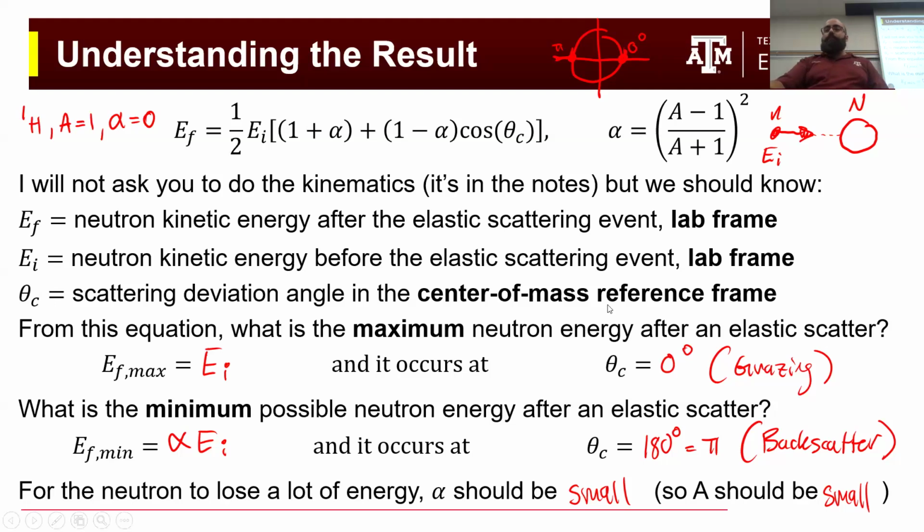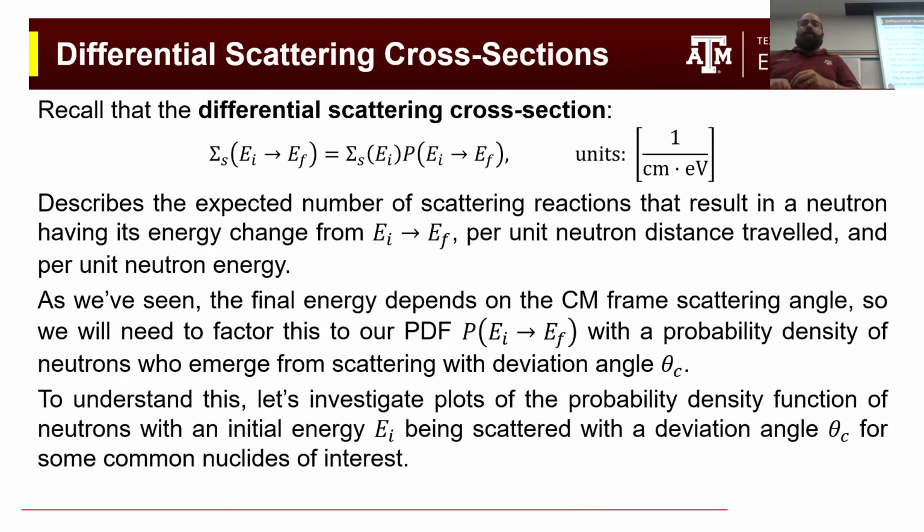Doesn't that agree with what we were saying before, that the neutron is going to lose the most of its energy when it collides with things that are small in size compared to it? So the basketball or bowling ball and marble analogy holds true even with actual neutrons and nuclei. And once we understand that result, we can talk a little bit more about how we can use probability understanding to move forward and do some calculations.